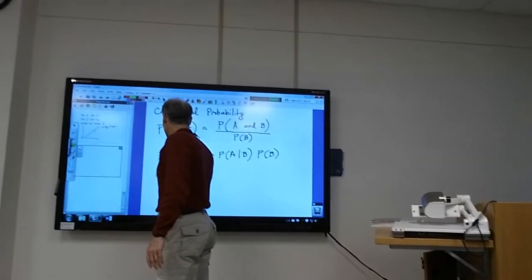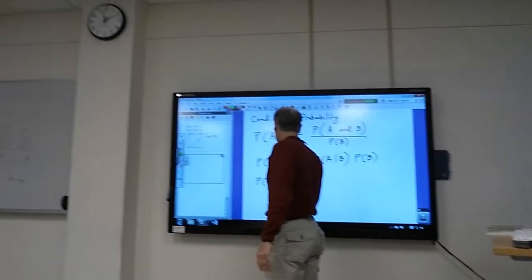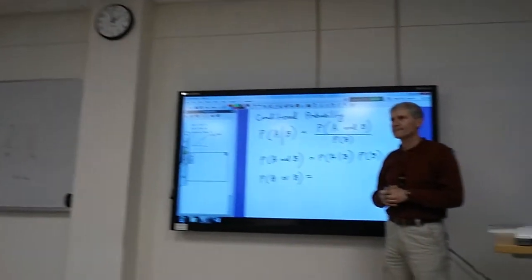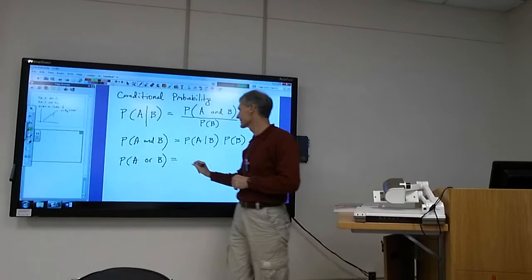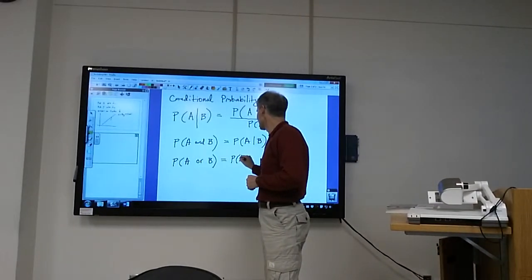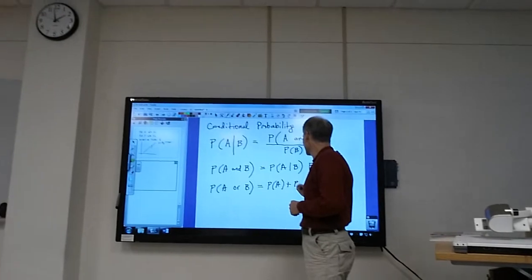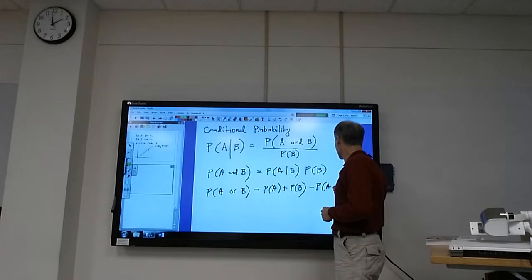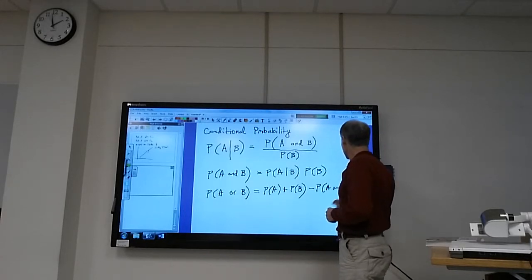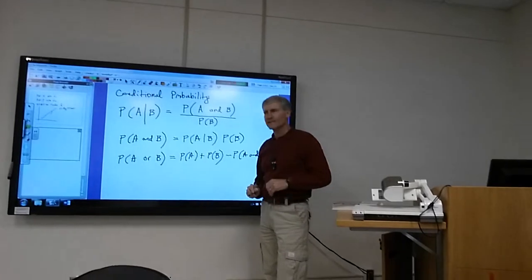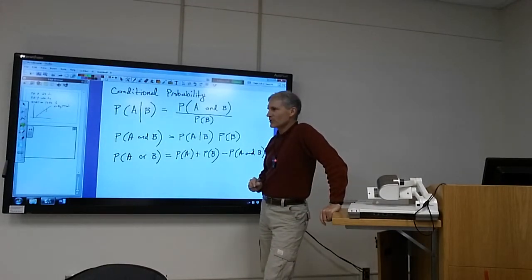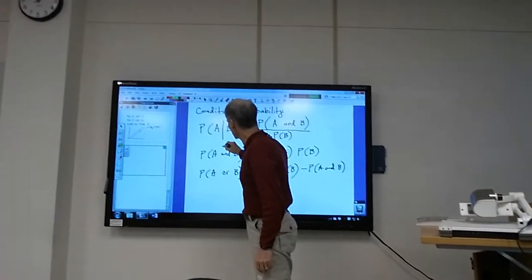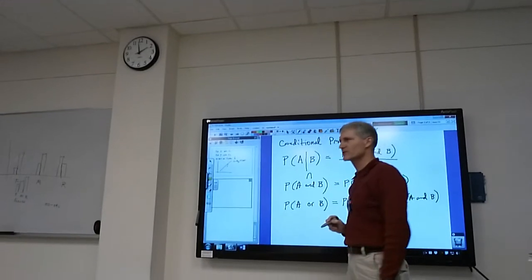So one more rule that we won't use a whole lot, but if we use the word or instead of the word and. It's probability of A plus probability of B minus probability of A and B. Good. Now, I don't tend to write it out because it's cumbersome notation, but sometimes you'll see it written as an intersection symbol.